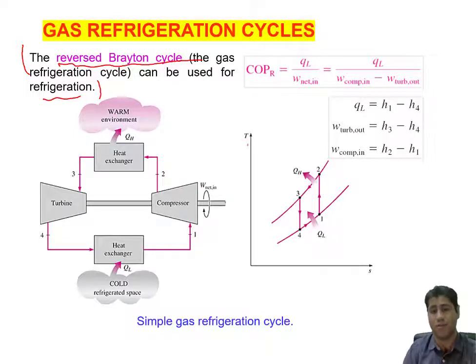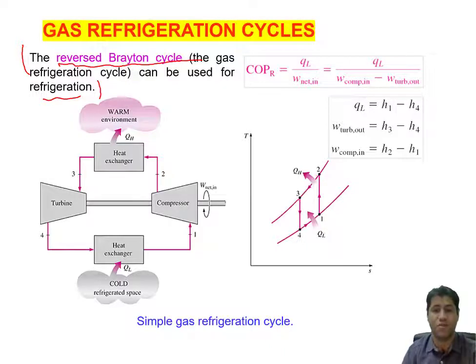And also you can see in the TS diagram, state 1 to state 2 is in the compressor. The gas is compressed in the compressor, and for an ideal reverse Brayton cycle, we can assume it is an isentropic compressor.